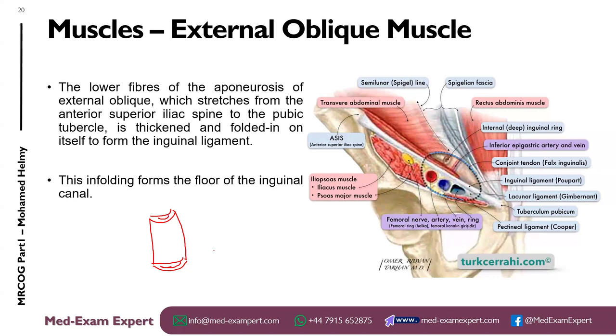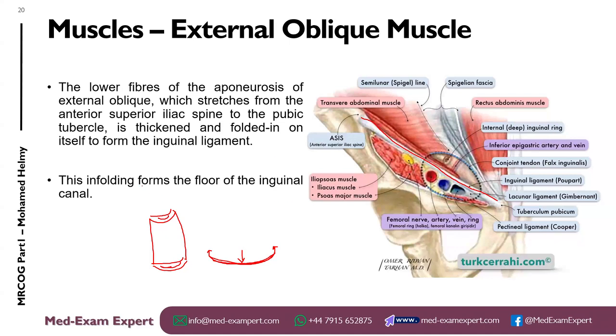So it's like having a groove, a floor like this, or a groove, which is the inguinal ligament, because there is a folding upwards like this. So it's not a straight line like this. No, it has something like a groove inside because the aponeurosis is folded on itself.